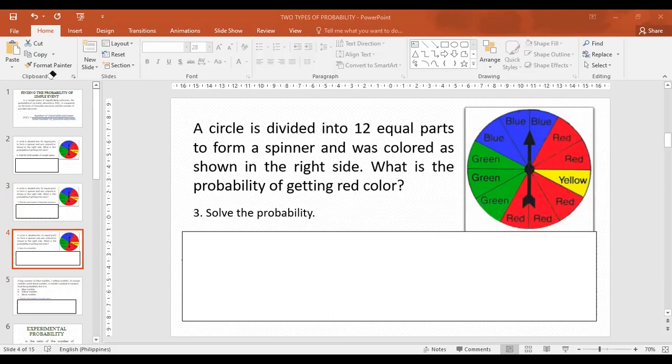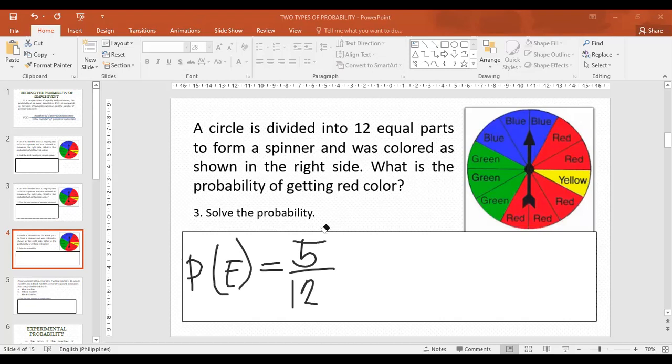Okay. So, P, the probability of an event, is equal to the number of favorable outcomes, which is 5, over the number of possible outcomes, which is 12.